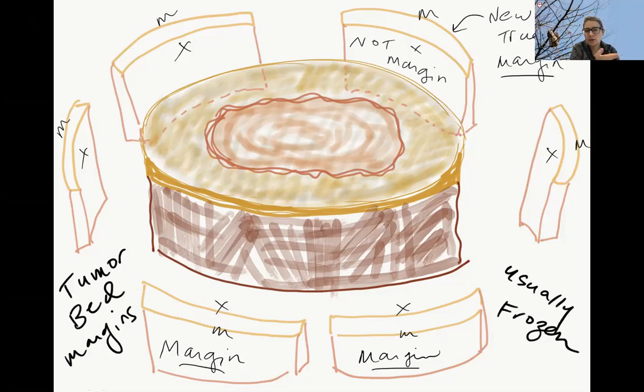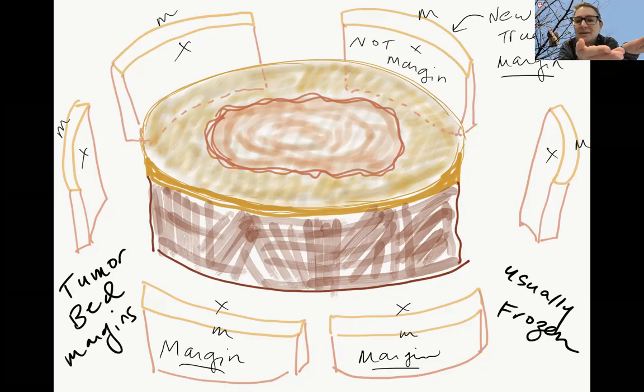Sometimes also to include the deep, which I haven't pictured here, but you can imagine that. Conceptually, the piece of the mucosa and soft tissue that's closest to the actual specimen is not the margin, right? But the piece of mucosa and soft tissue that's away, that they cut from the patient, is the new true margin. But we don't always have that orientation.